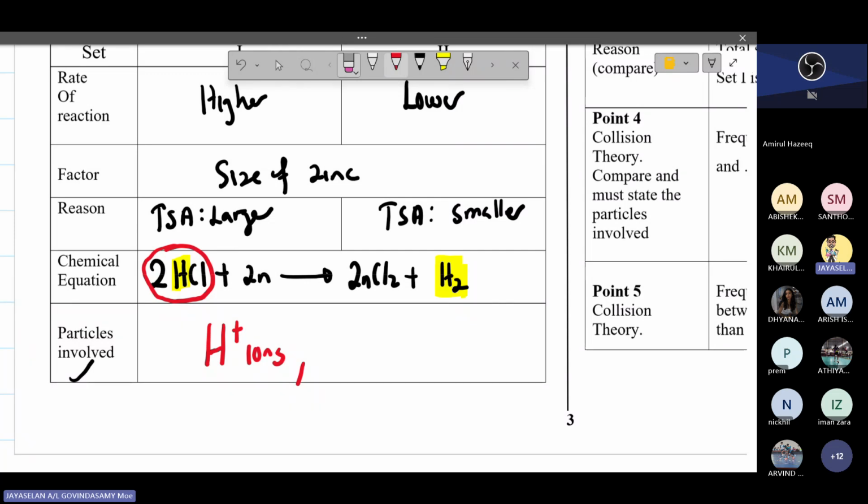Can understand? Okay, when you see 1 capital, 1 small, please put zinc atoms. The particle that exists is zinc atoms. Any question?